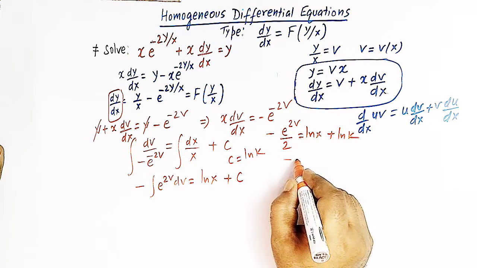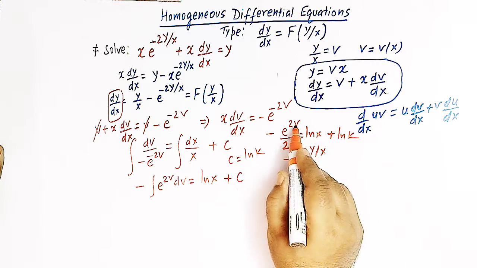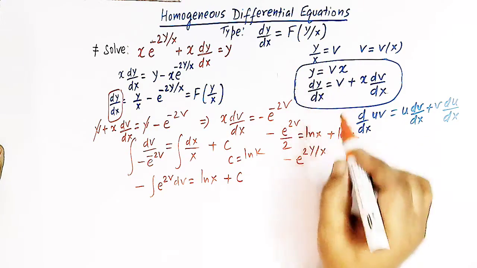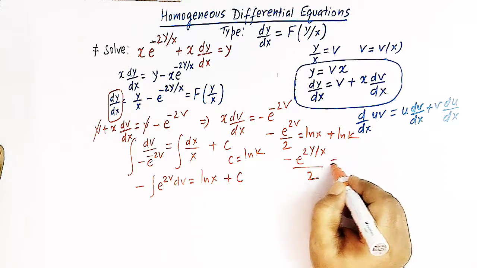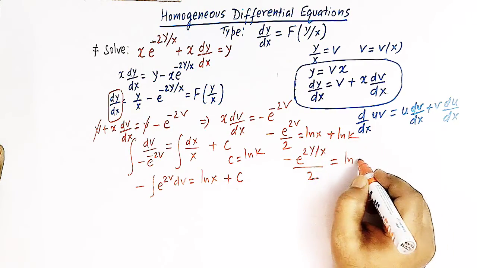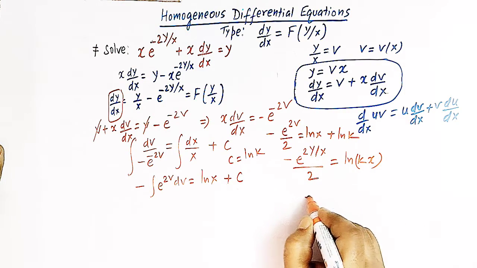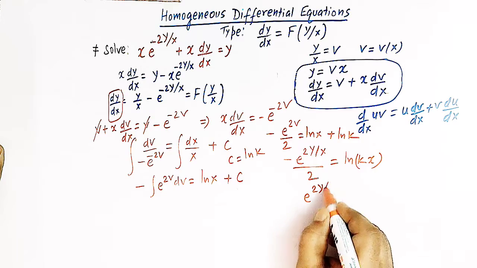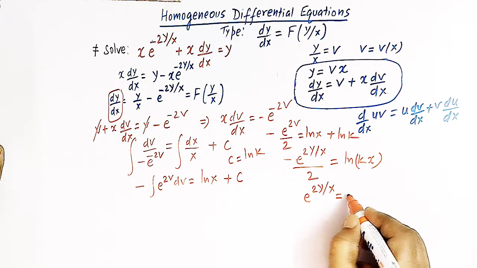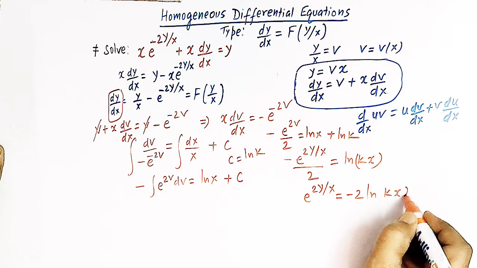So now we have minus e raised to 2 times y over x, because v is y over x, and here we have 2, and by the properties of log, we can now write log of kx. So now we have e raised to 2y over x is equal to minus 2 times the log of kx.